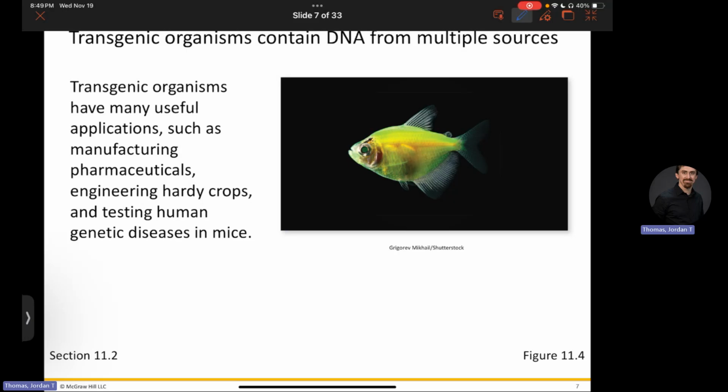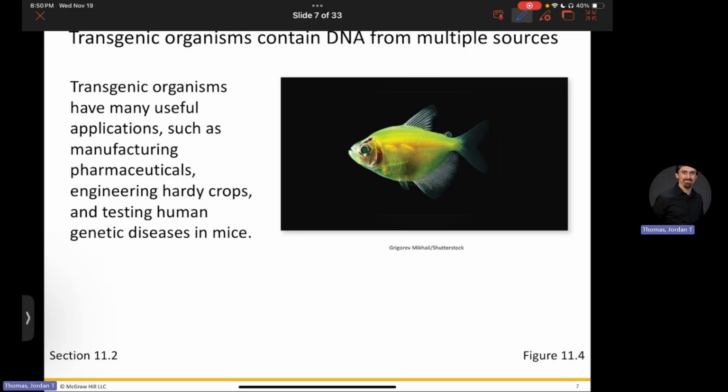Some bacteria are now transgenic organisms that can produce some of the medicine we use. Insulin is a big example. Some bacteria were genetically modified and given recombinant DNA that had the gene for insulin. So the gene for insulin was put in the bacteria, making them transgenic organisms, and thus they produce insulin that is used by pharmaceutical companies.